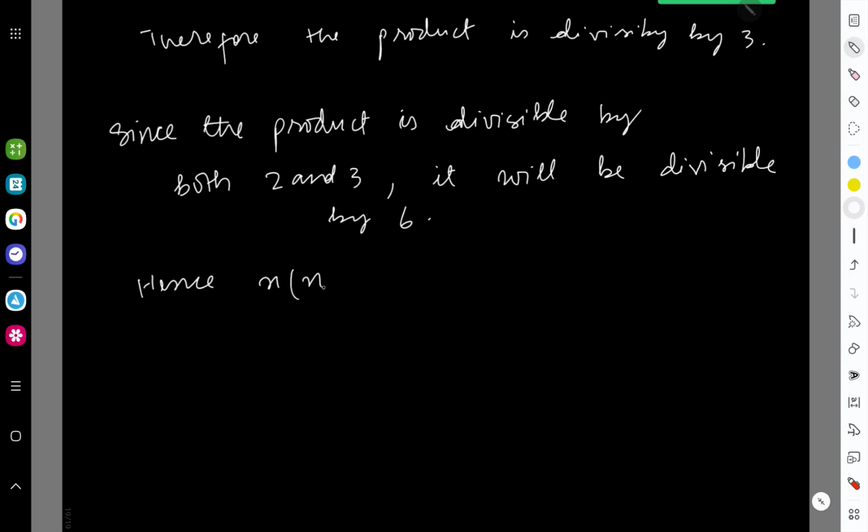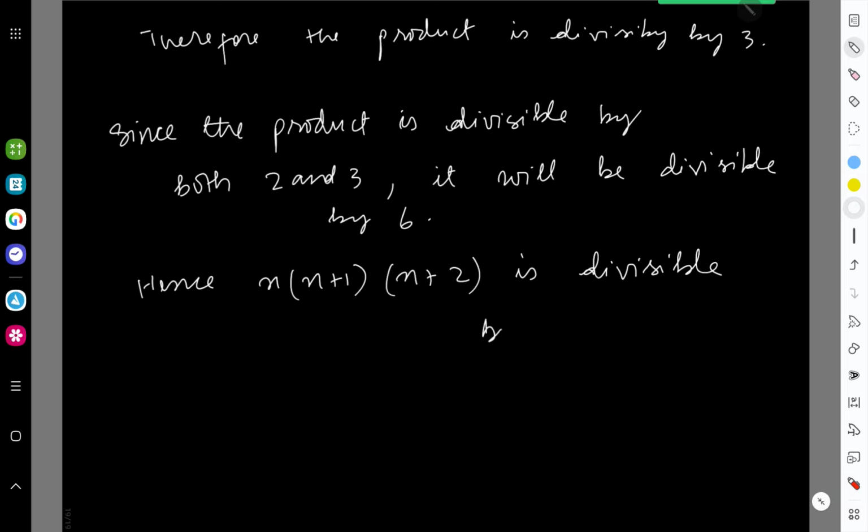Hence n times n plus 1 times n plus 2 is divisible by 6. So we have solved till question number 5.